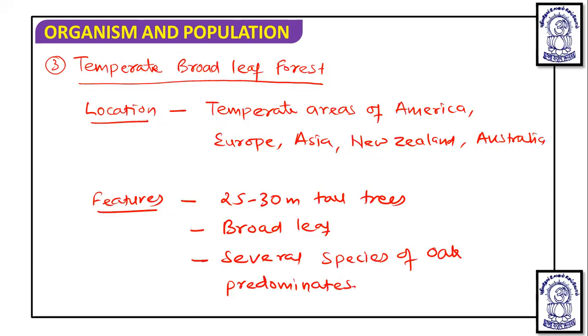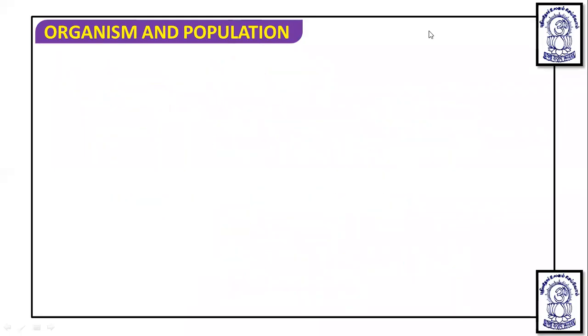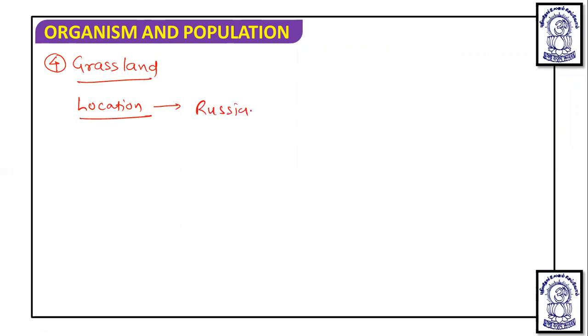After this, the next biome is the fourth biome, that is grassland. If we talk about this grassland biome and its location, it has been given a different name in different locations. In Russia, it is known as steppes. In North America, it is known as prairies.